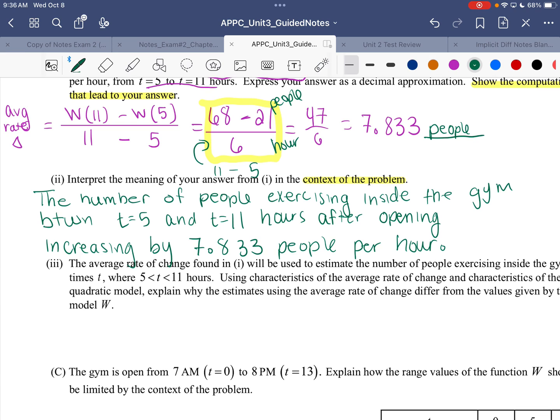Why does people look so weird right now? Did I spell that right? No. I didn't spell it right up here. That's why it looks crazy. That's not how you spell people. I think it's just my handwriting makes it look weird. Okay, whatever.